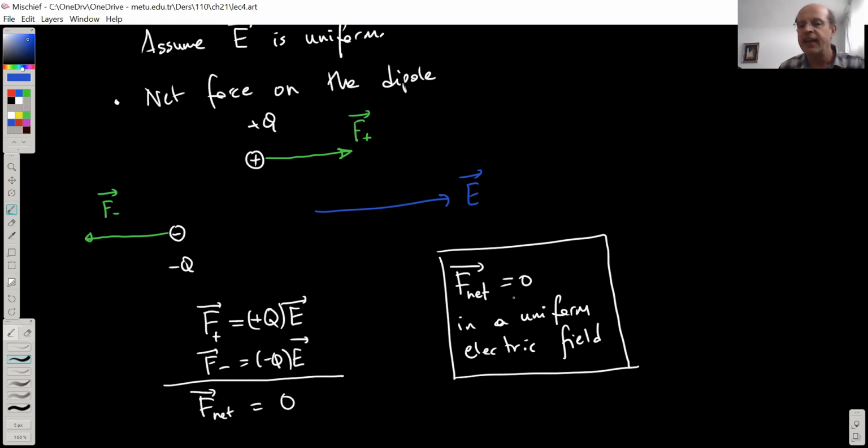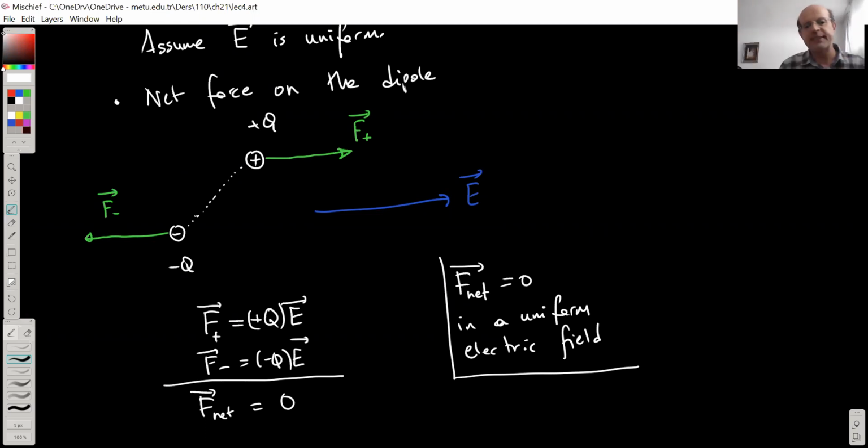So as a result, we just look at the situation in here that when the electric field is uniform. So that's the important point. There's no net force. So as a result, this dipole cannot change its location, cannot accelerate, right? But you can see that this distance is usually fixed. This is a molecule, so these two charges are bound to each other by some kind of forces.